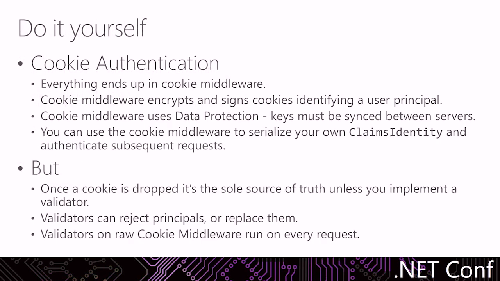Lots of people want to do everything themselves. They may not like our identity solution. So it used to be really poorly documented, in the days before Core, how you could use some of our components to support your own code. But we've documented it.